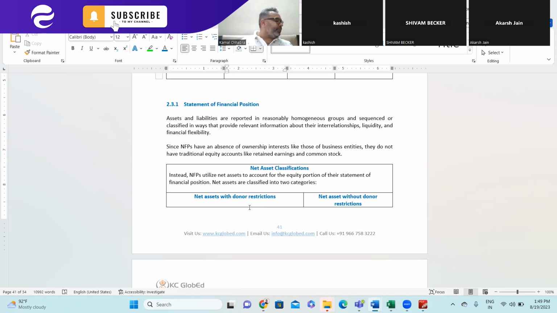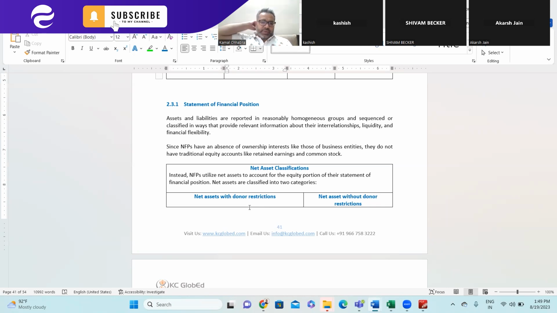Everything they have is in the net asset account. The net asset account, like I informed earlier, will have two categories. One is net assets with donor restriction. Second is net assets without donor restriction.